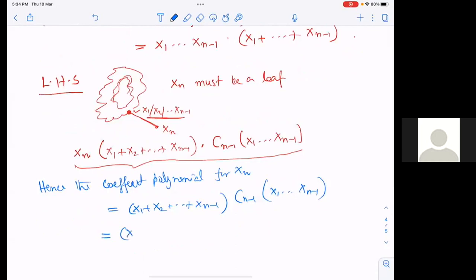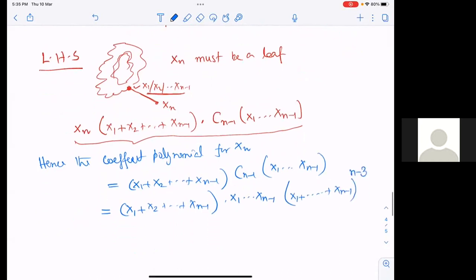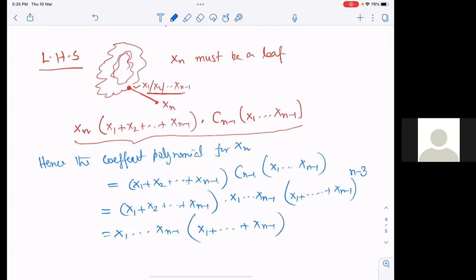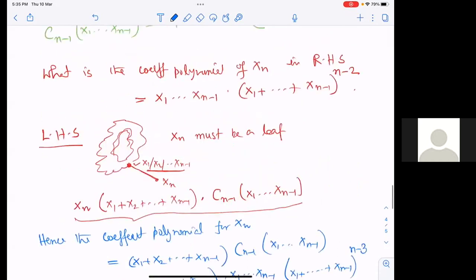This is equal to x1 plus x2 plus xn minus 1. Substituting by the induction hypothesis, this is x1 to xn minus 1 times x1 plus xn minus 1 power n minus 3, which is equal to x1 to xn minus 1, x1 plus xn minus 1 power n minus 2.